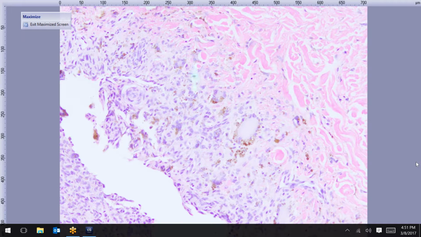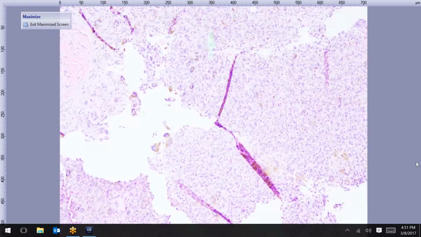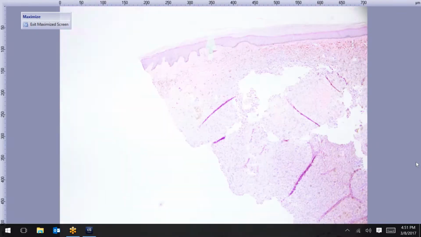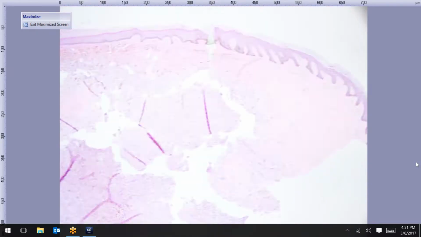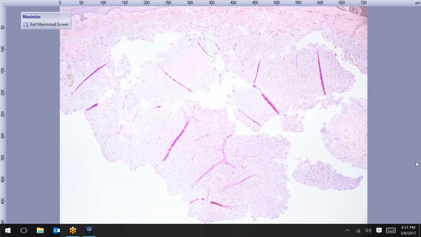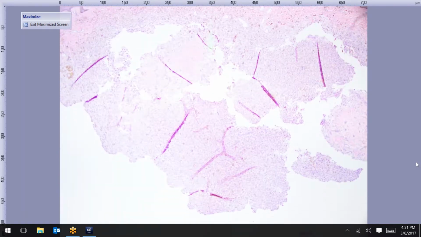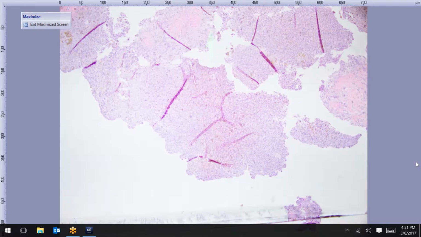You see that. A lot of hemosiderin, very cellular, and this overall architecture, when you look at it, you could start to buy that this is almost like a DF with trapping and nodular centrally with all this cellularity. So that's right, that is a hemosiderotic dermatofibroma.